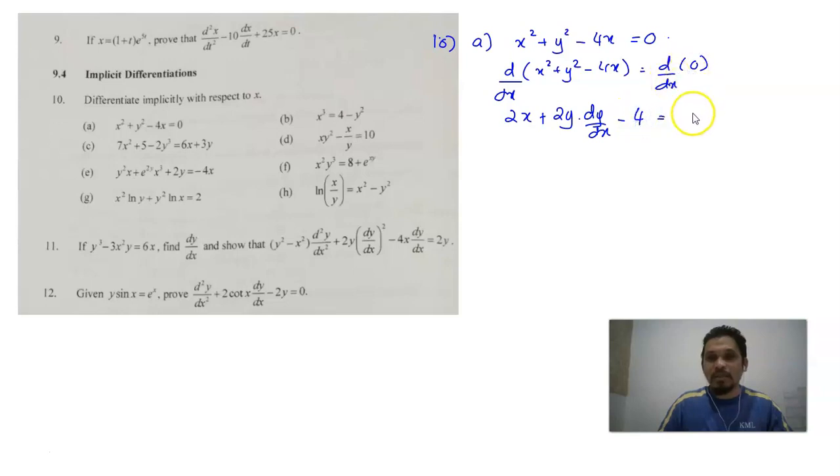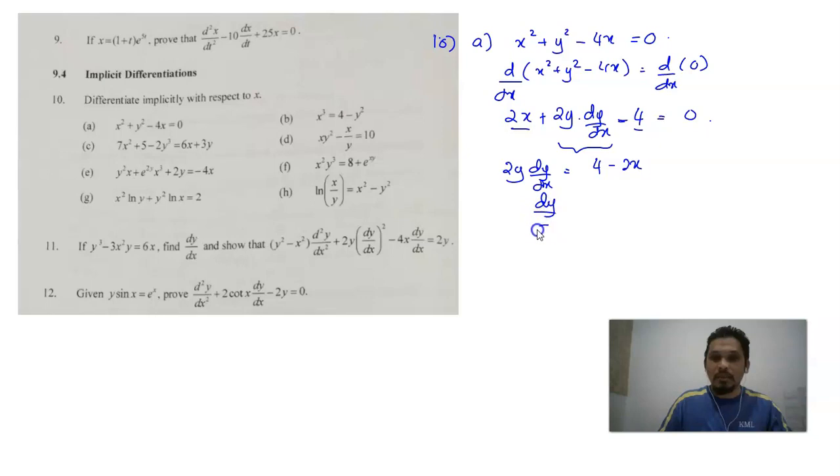And differentiating 0 gives 0. Now the process is we leave the term with dy/dx on the left side and bring the term without dy/dx to the other side. So 2y dy/dx equals 4 minus 2x.